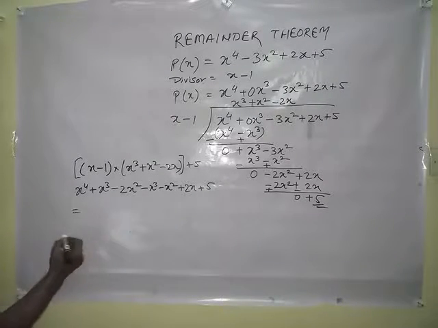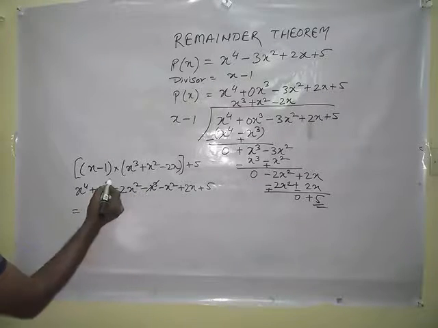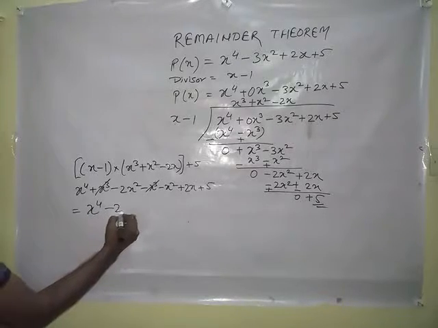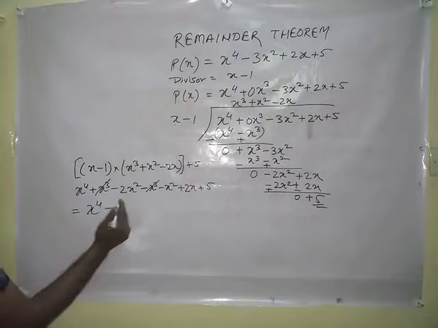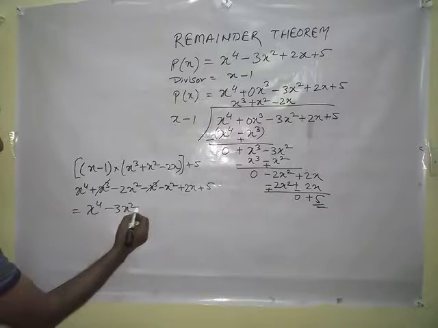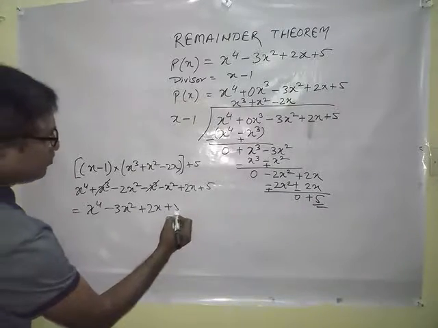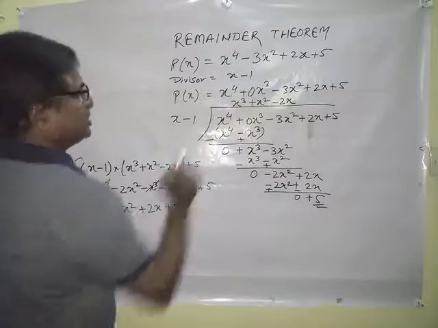Let us solve this. The x cube terms, plus here and minus here, these 2 will get cancelled. So your answer will be x4 minus 3x square plus 2x plus 5. So you can see you reached this equation.